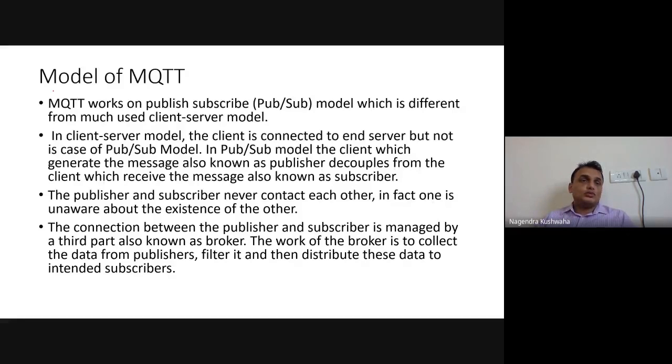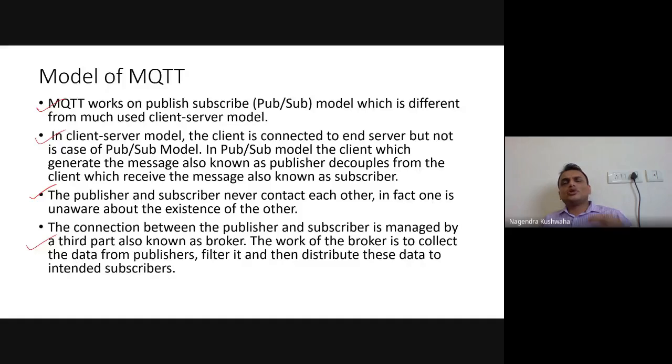Now we have covered two points. Now this third point, as I already told you, most of the time the publisher as well as the subscriber never contact each other, and in fact most of the time they are not aware of each other, right? The fourth point, which I have already discussed, is that the connection between the publisher and subscriber is managed by a third party, known as the broker, like the news vendor.